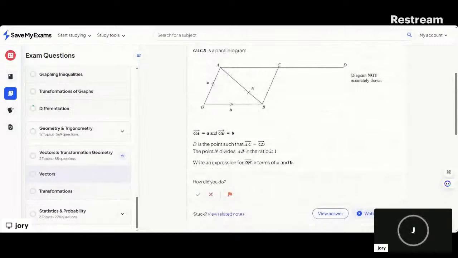OA is A, and AB is B. Wow. D is a point such that AC is equal to CD. The point N divides AB in this ratio. Write an expression for ON.